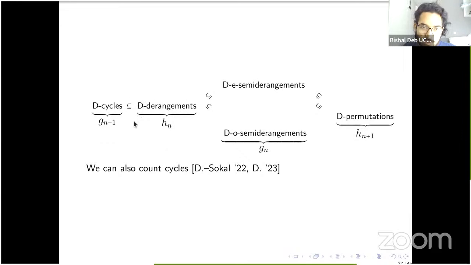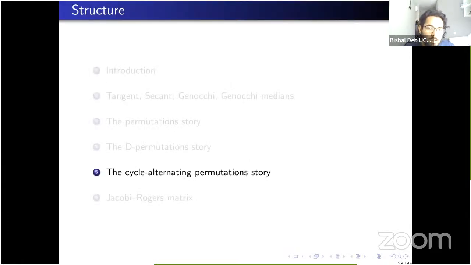And now you look at only one single cycle, you get to Genocchi. So this is the sort of structure that we have realized, and Alex Lazar and Michel Vox have also seen similar structures, but they were looking at hyperplane arrangements. So a different setting. We are looking at continued fractions, and we have recovered this. So once I have told you about the permutation story, talking about depermutations was fairly straightforward.